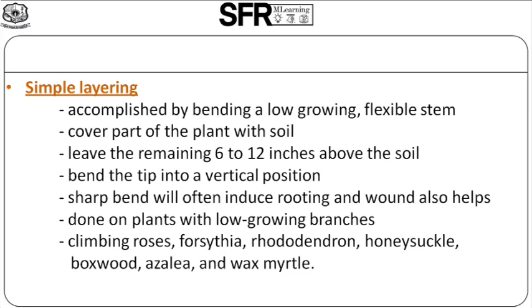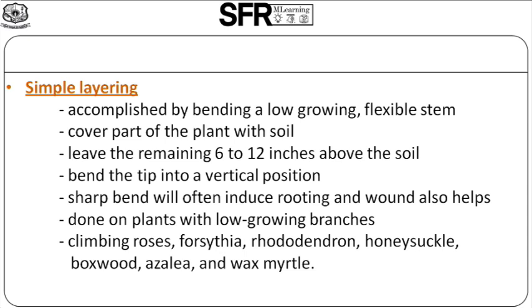After making this cut and inserting the stone, we put a peg so that the plant gets fixed to the soil. A peg is used to fix the plant inside the soil.